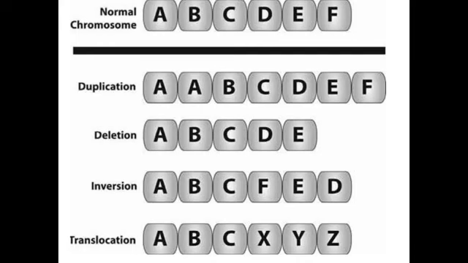This picture tells about all types of chromosomal aberrations such as duplication, deletion, inversion and translocation.